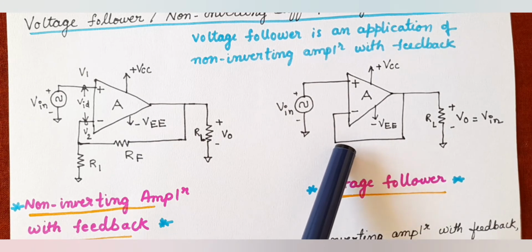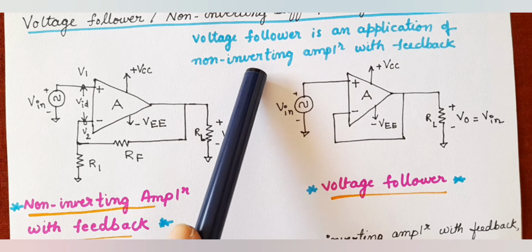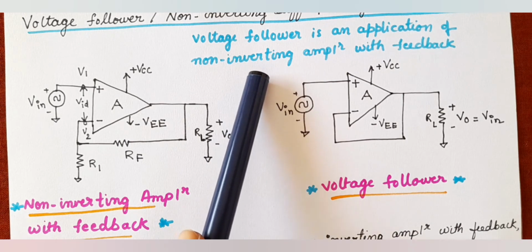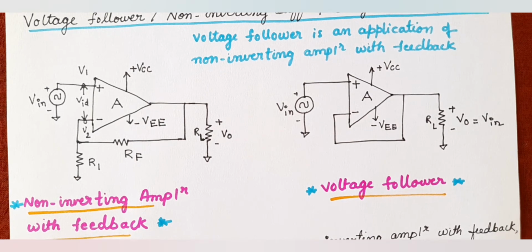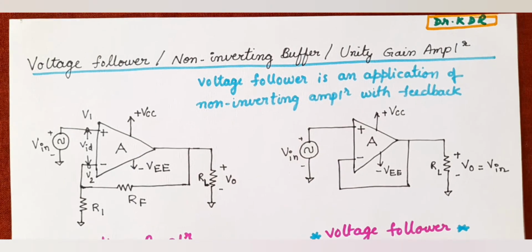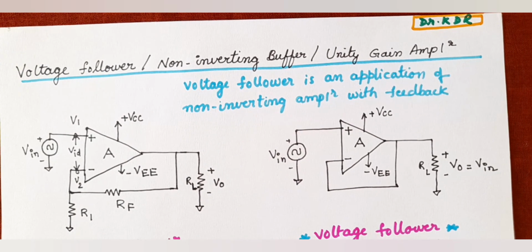This is known as the voltage follower circuit. Voltage follower is an application of non-inverting amplifier with feedback. So what are the other names of voltage follower? Non-inverting buffer, or it is also called a unity gain amplifier.